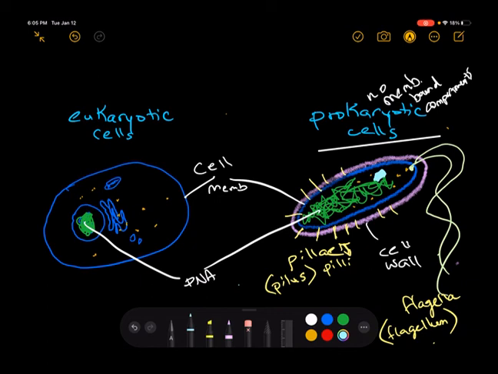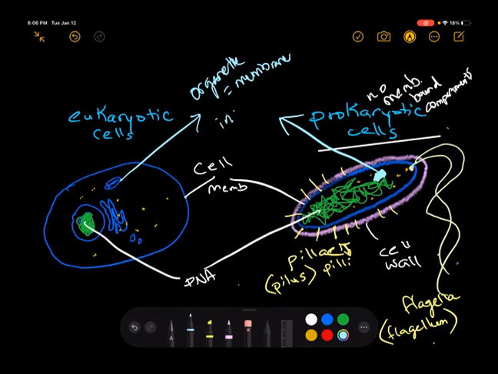An organelle, like a mitochondria, is surrounded by a membrane. At least for our purposes, organelles refer to something with a membrane, whereas inclusions have no membrane.